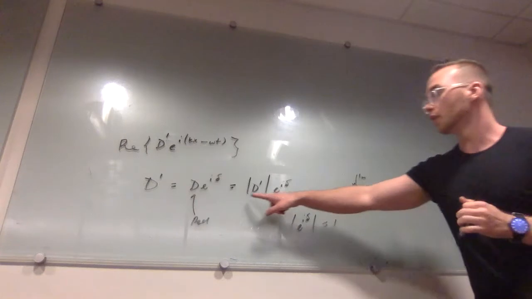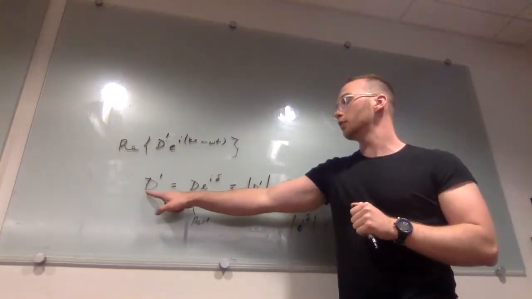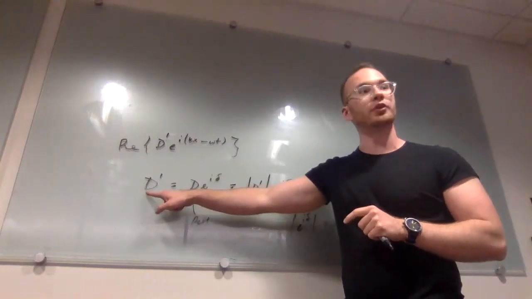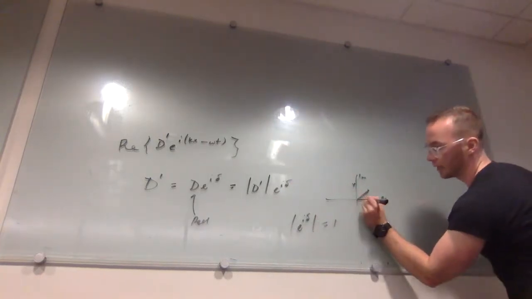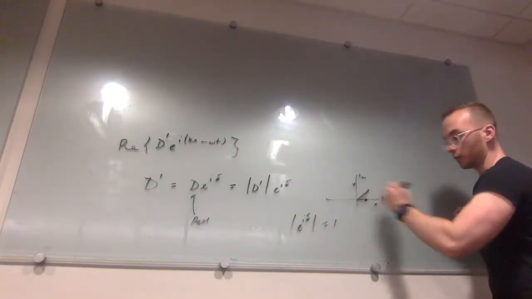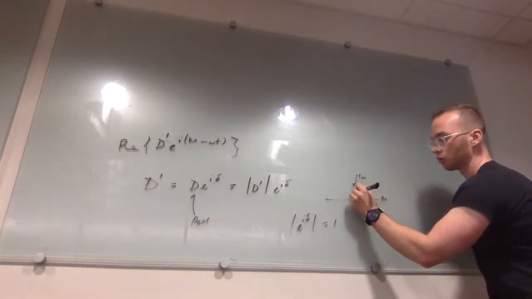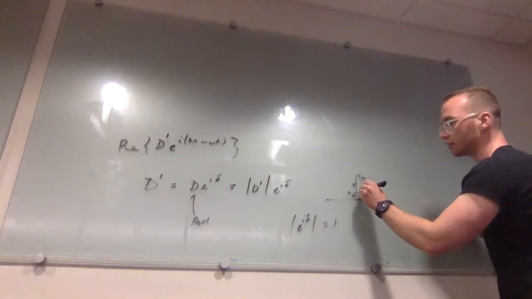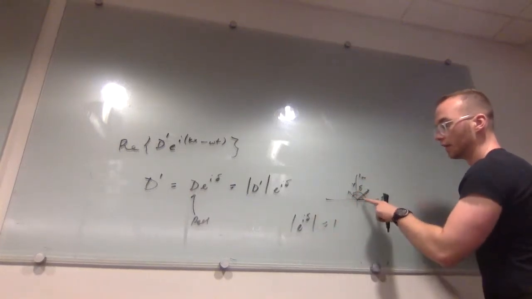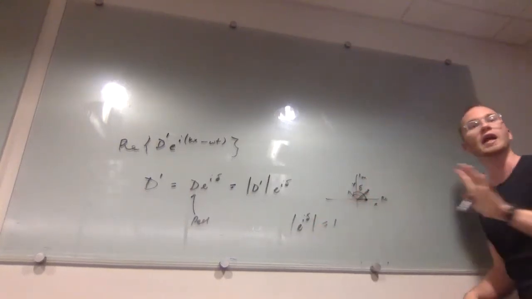So this complex number is some real number amplitude, but instead of being a real number on the real line, it is a vector like that in the complex plane. You're allowed to rotate it to any angle you want, this angle is delta, and it doesn't change the length at all.